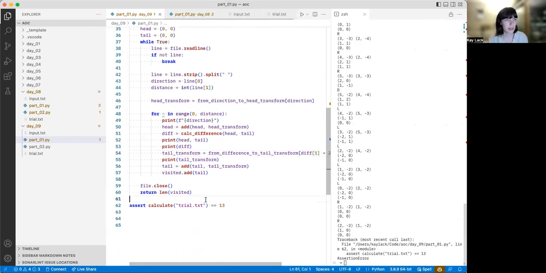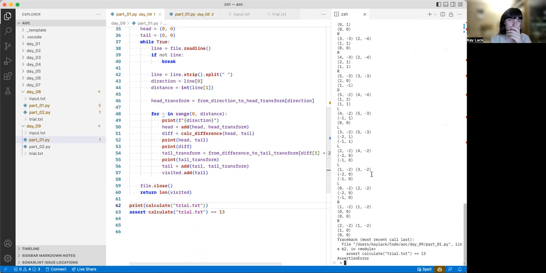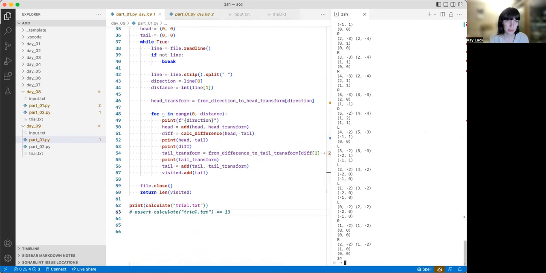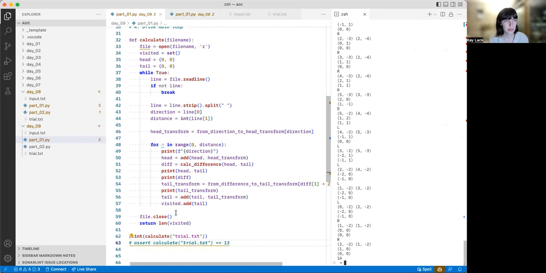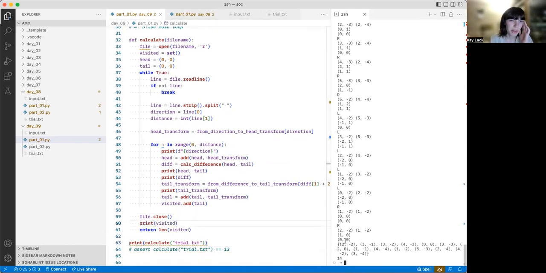Okay, so what have we actually got then? I guess it's a bit further anyway. Don't we get a result? 14. 14. Okay, weird. Why do we get 14?